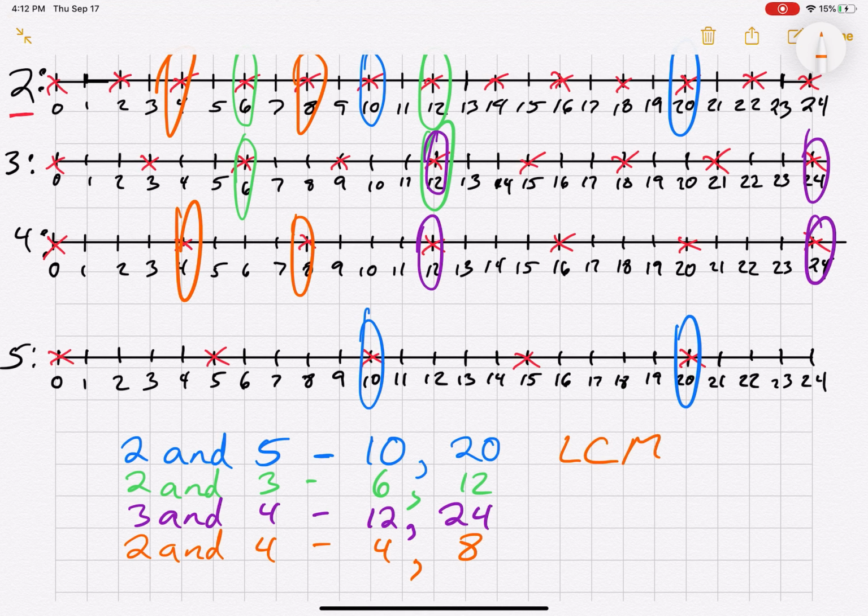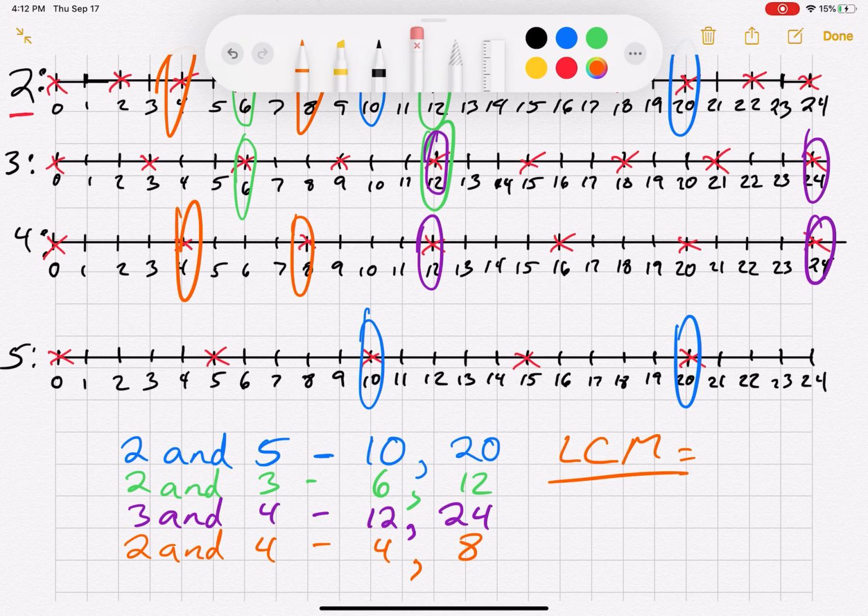Now I'm going to look at what the lowest common multiple is for each one. Okay, so that's how it's going to be written. So I've already found the lowest multiple in each one. The lowest common multiple for 2 and 5 is going to be 10. The lowest common multiple for 2 and 3 is 6.